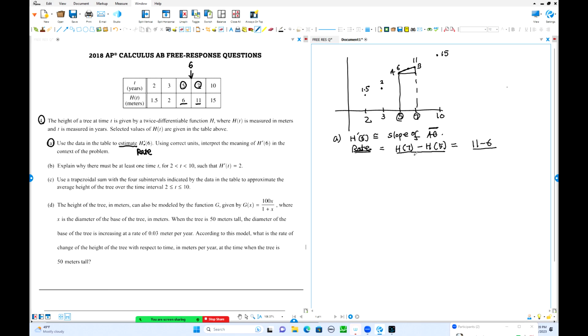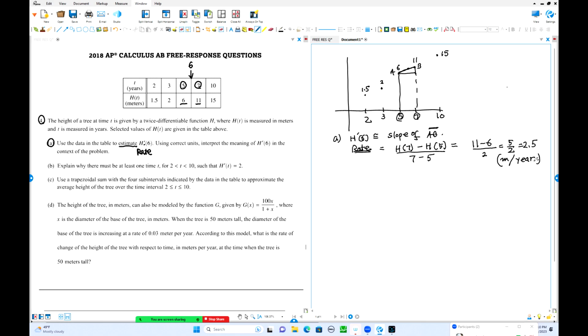That's the time, so t equals 7 and t equals 5. This is 5 over 2, or you can use 2.5. This is the rate, in meters per year. That is the estimation of this number.